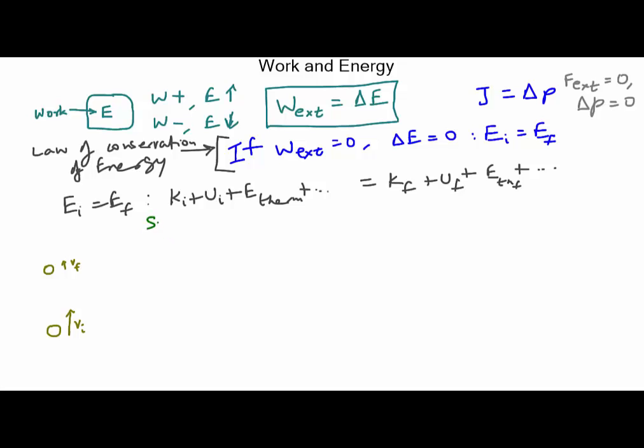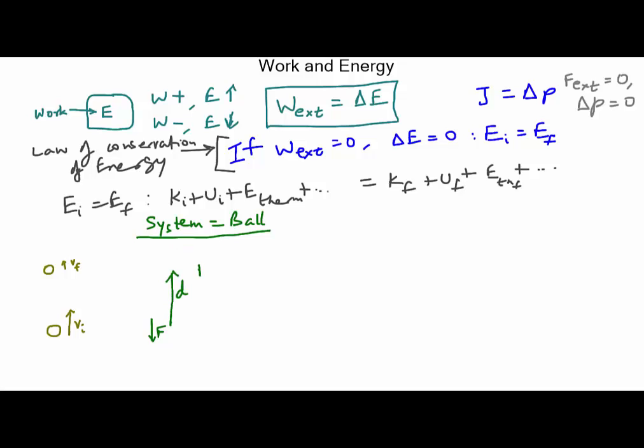So first, I'm going to define my system as just the ball. In that case, we do have a force on the ball, so the force acts down, which is the force from the Earth, and because the system is the ball, Earth is external to it, and there is a displacement that the ball goes through.